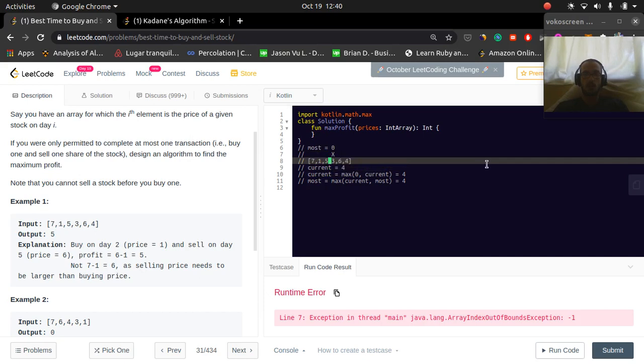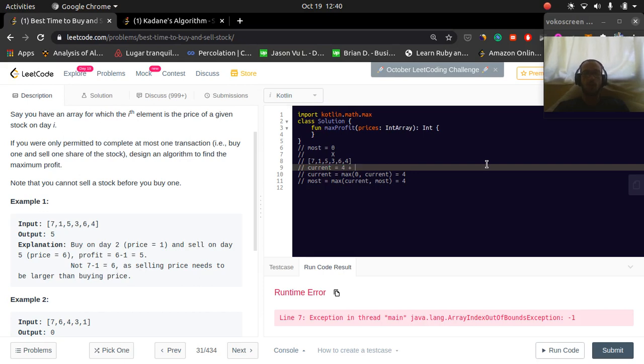Okay, so now current is 4 plus, if we bought at 5 and sell at 3, so minus 2, we lost 2. So that equals 2. So current equals max of 0 and 2, so 2.